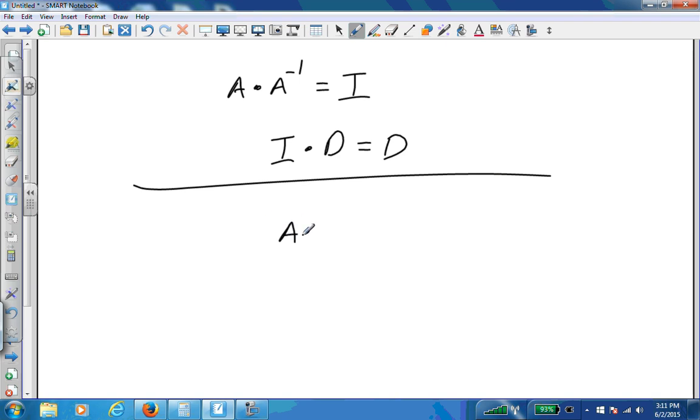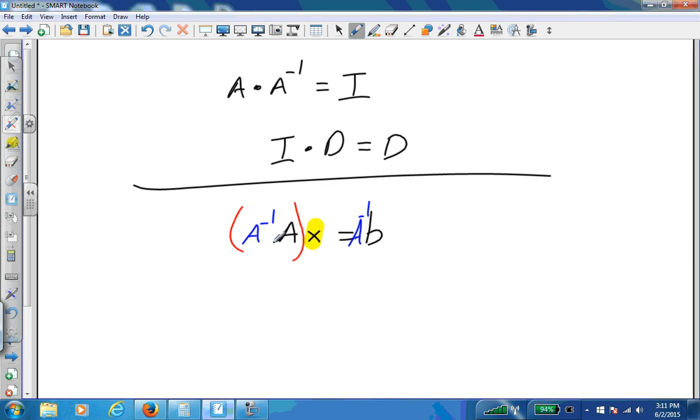Well, that becomes useful. If I have a matrix equation, basically a system of equations, and I want to find x, which is our variable vector, where A is our coefficient matrix and B is our resultant vector, then to find our solution vector, I can multiply out front by the inverse of A on both sides.